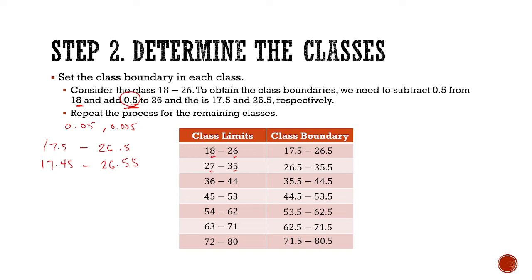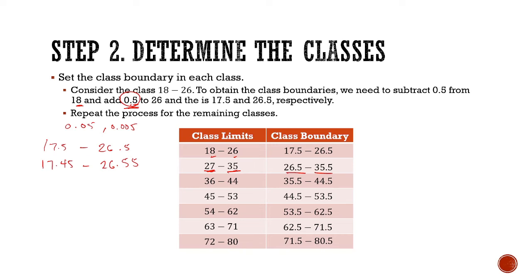So for this one, since this is ones, we just add and subtract 0.5, which is intense. So that's why it's 17.5 to 26.5. Same here, subtract 0.5. That's why we have 26.5. Add 0.5, so that's why we have 35.5 and so on.